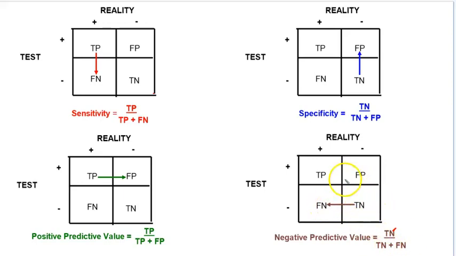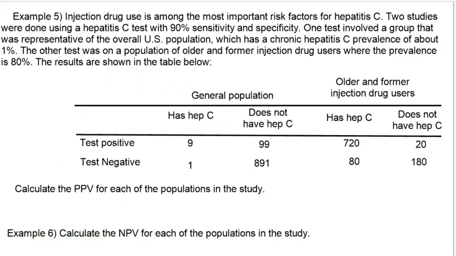So hopefully this will help you because we do a lot of calculations in this lesson with these 4 ways of measuring testing, and I thought this would be a good way to try to keep them distinct in your mind and how to come up with the calculations quickly and easily. So let's take a look.